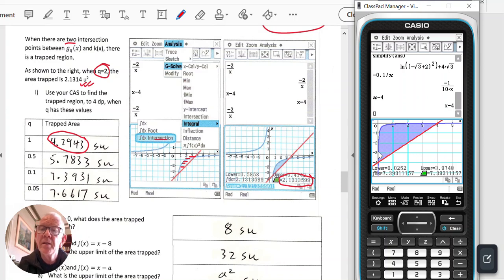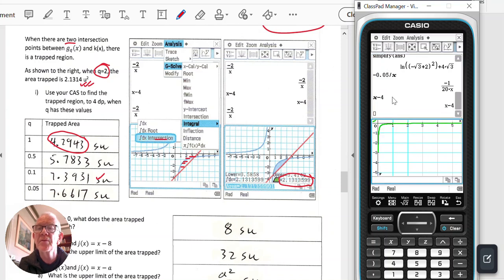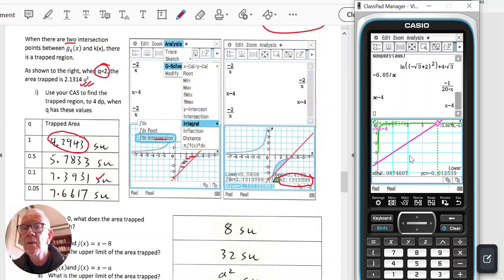Now notice that this area is filling this triangle, and that the smaller my value of q goes, closer to 0, the more of this triangle gets filled. And that's 7.39. And the last one they asked me to do was 0.05. And if I press xe, when I drag and drop, it should be the previous graphs, and x minus 4. Analysis, G-solve, integral, intersection.